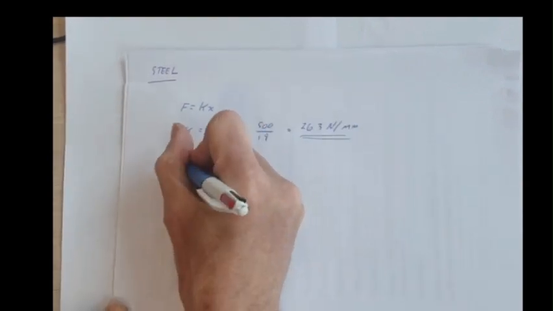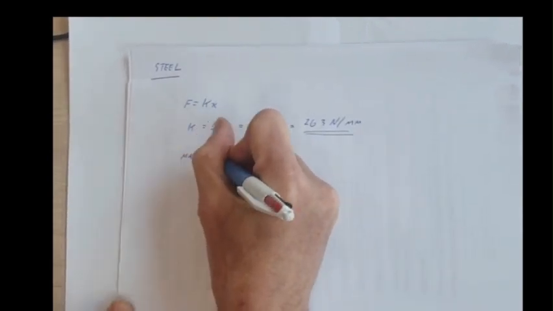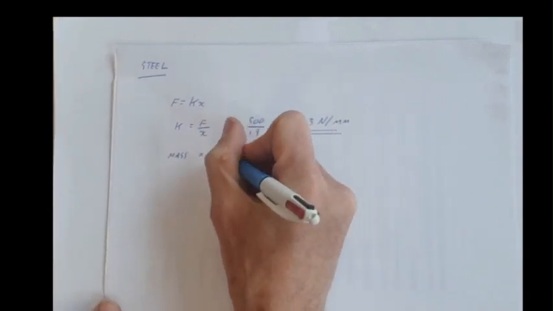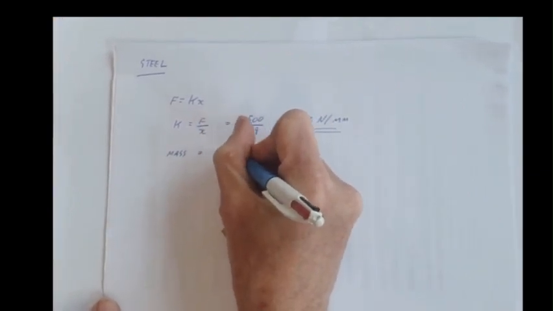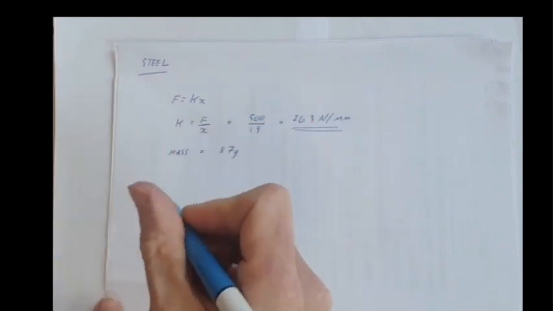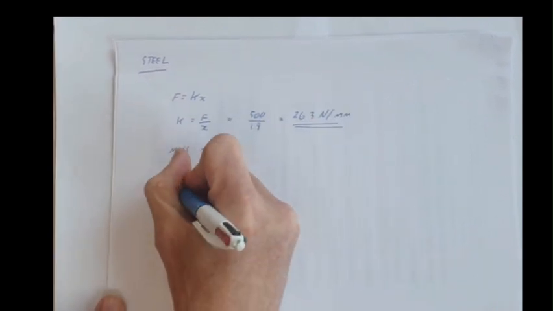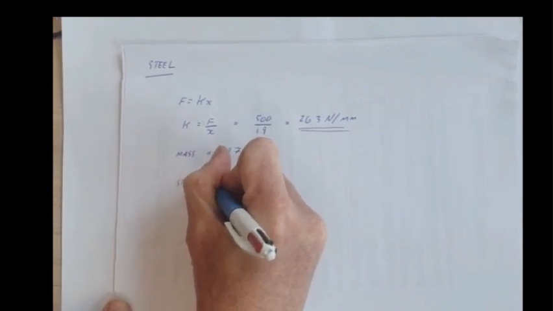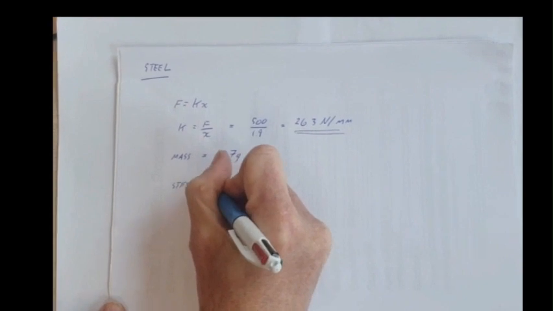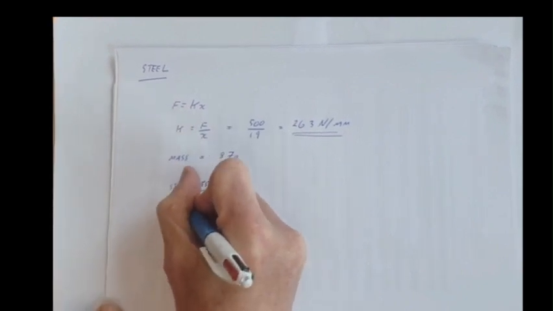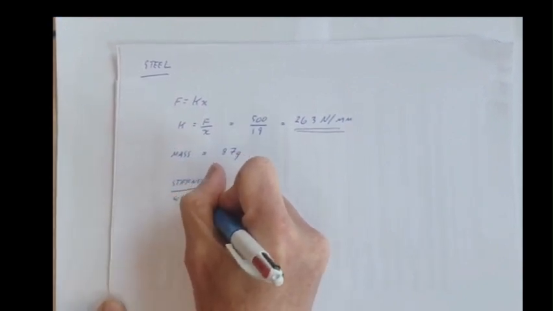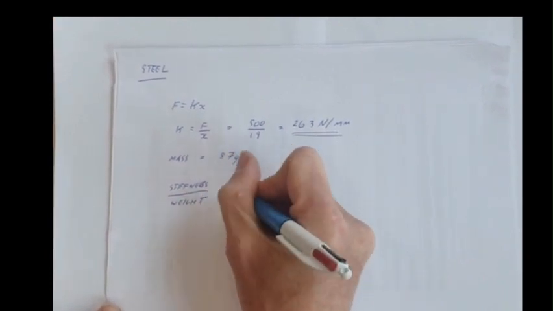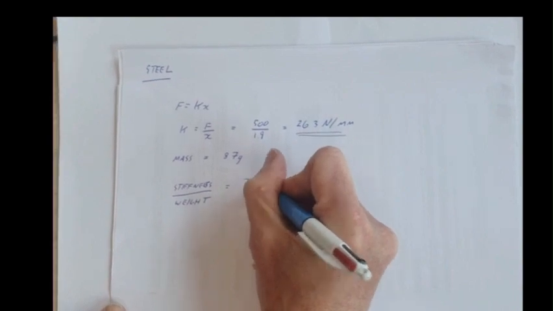Okay, now the mass we've just seen was 87 grams. So therefore the stiffness to weight ratio for our baseline steel structure equals 263 newtons per millimeter.